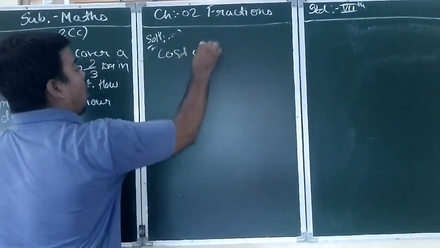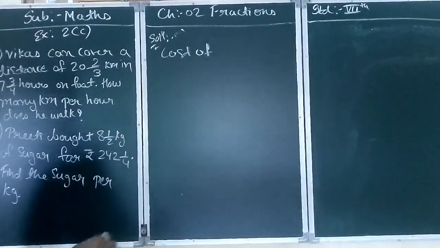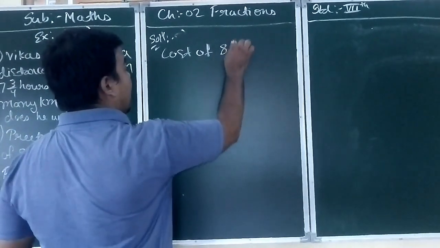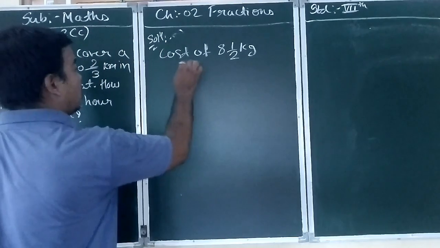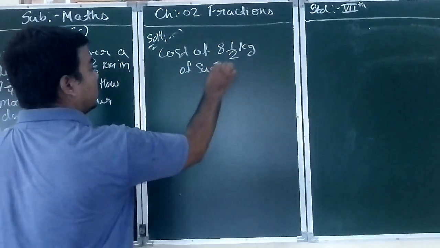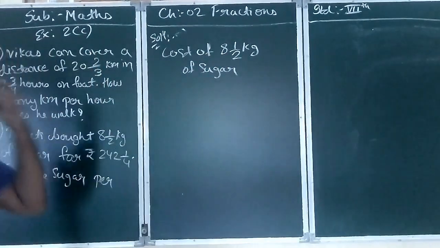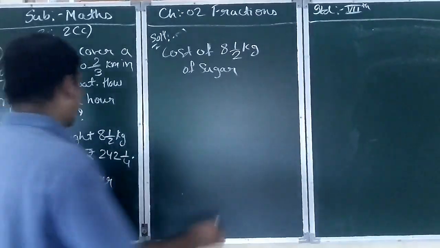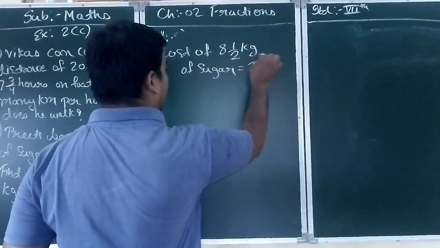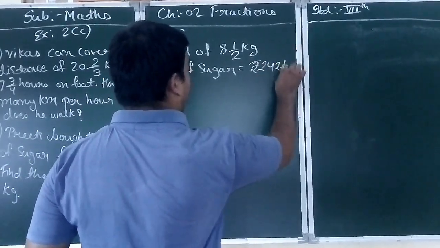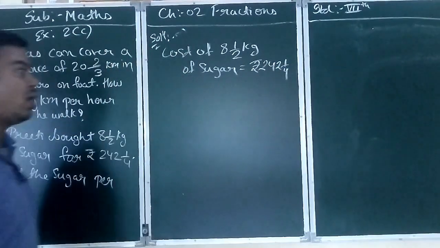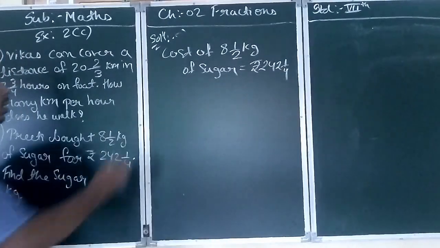Cost of 8 1 by 2 kg of sugar is equal to rupees 242 1 by 4, as given.